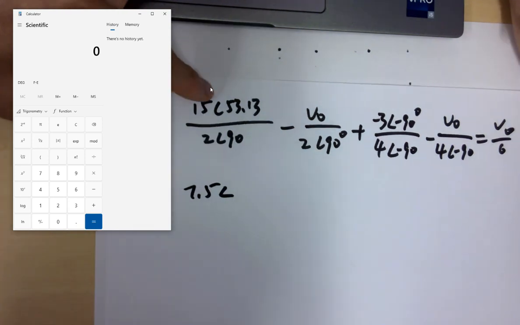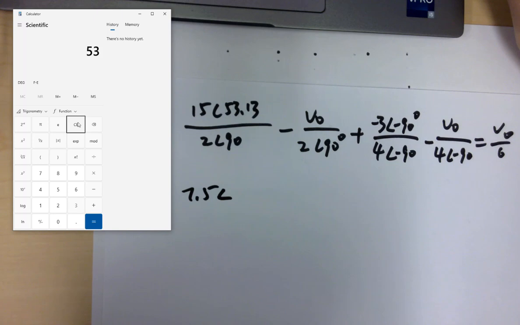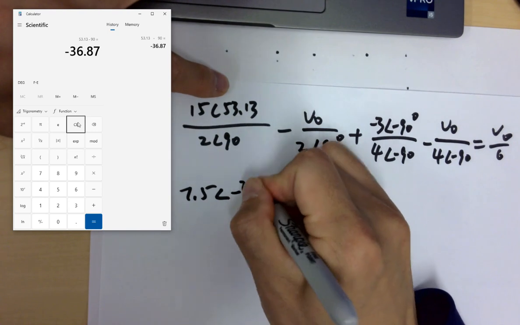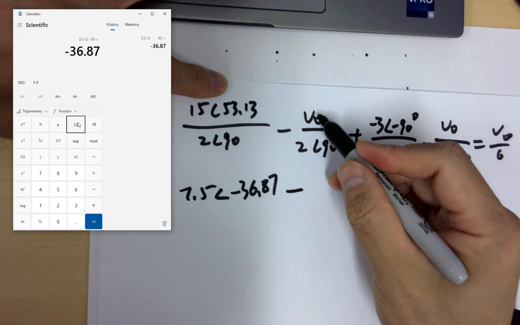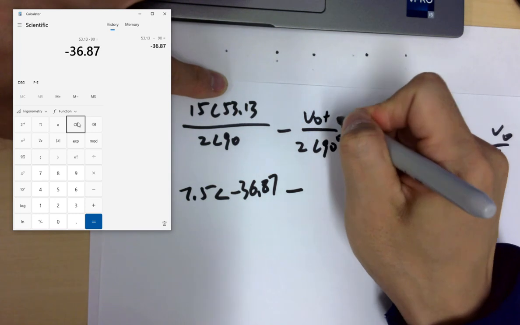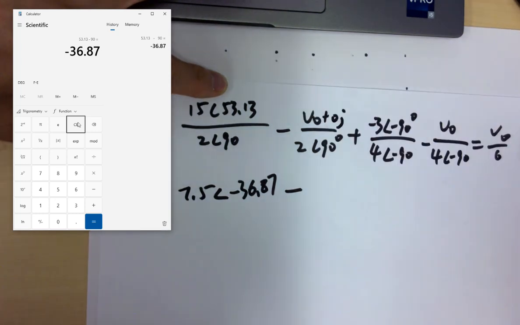Angle is 53.13 minus 90. That's negative 36.87, so this is basically this, right?